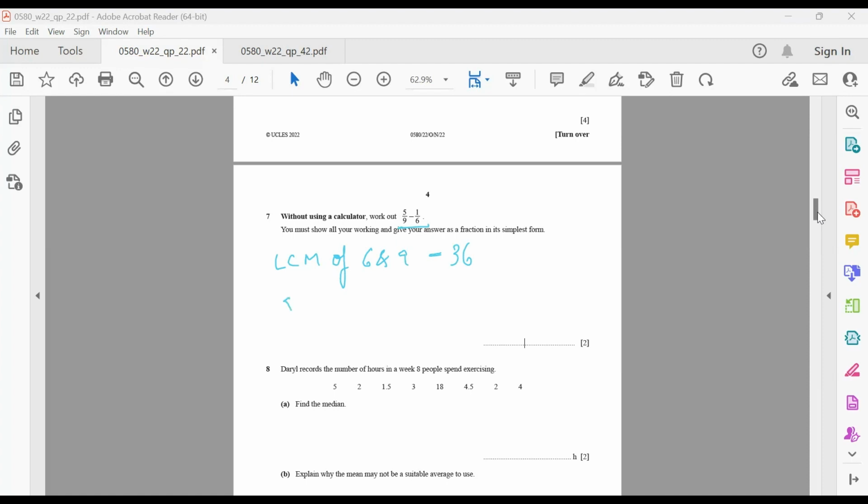So that means we multiply 5 into 4 minus 1 minus 1 equals 6, which is equal to 14 upon 36, which simplifies, when you divide by 2, to 7 by 18. That's your final answer.